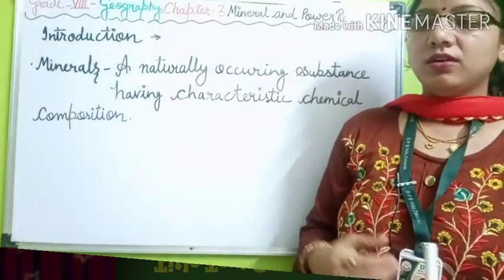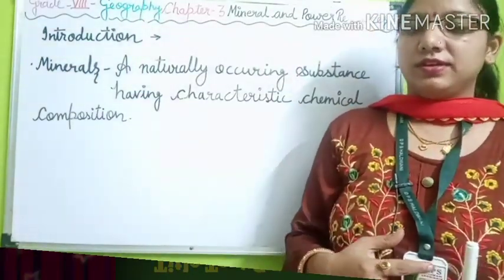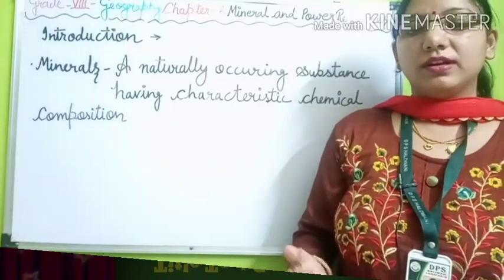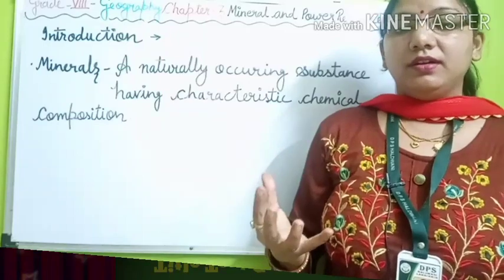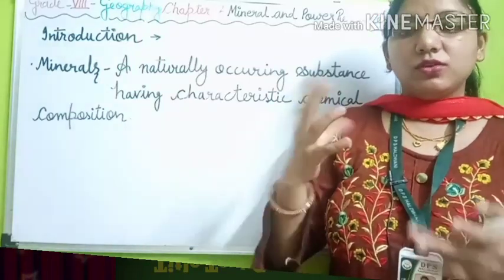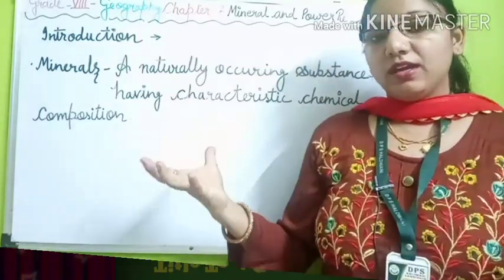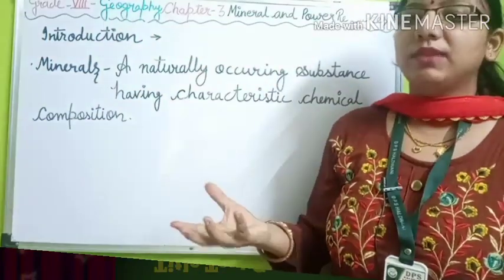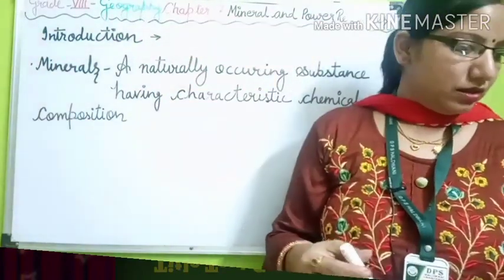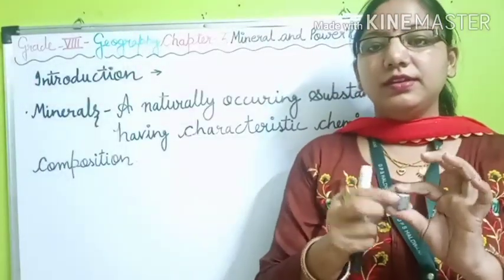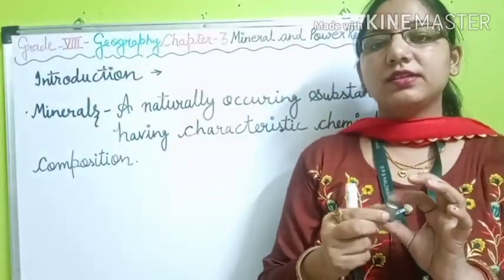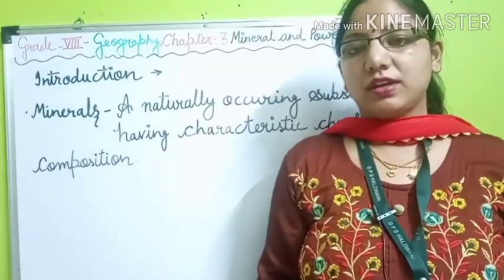Okay, a rock which has a large concentration of a particular mineral is called the ore of that mineral. What is ore? Your mineral is never found in pure form. For example, the metal iron, we are not getting it in the same form which we are using right now.